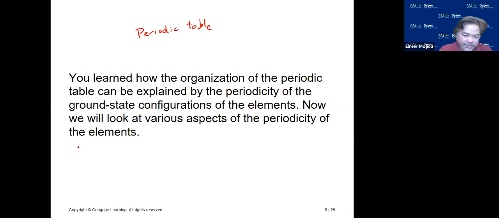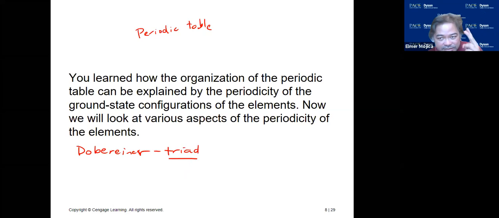We start with Johann Döbereiner. He discussed the so-called triad. Some elements have the same properties, and if you group them, you have a group of 3. That's why Döbereiner called them the triad. What he observed is that the average of the highest and the lowest atomic mass is the same as the middle element.